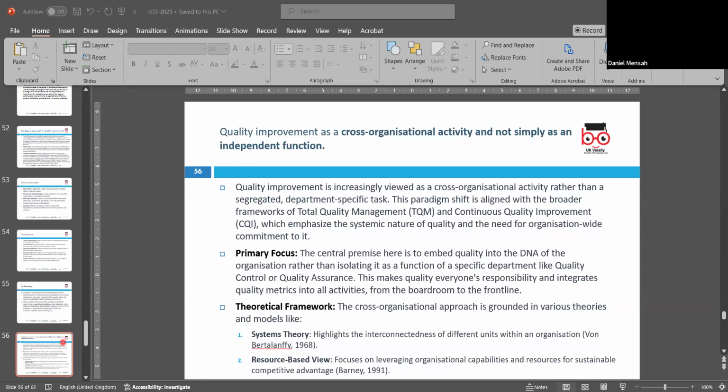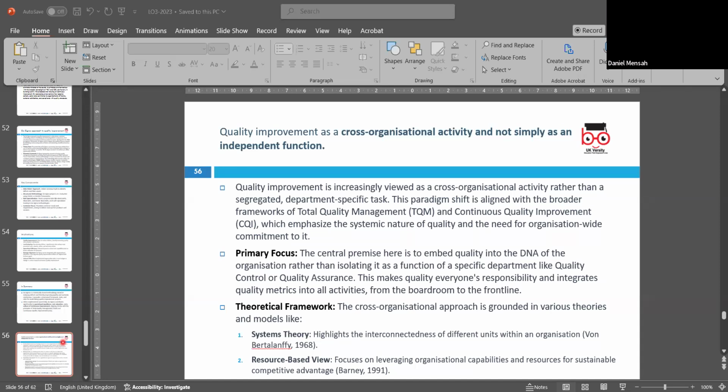If we see, it is inspired by or consolidates the concepts of system theory, the resource-based view, and the balanced scorecard view, where they use a holistic approach to make quality an organization-wide responsibility.